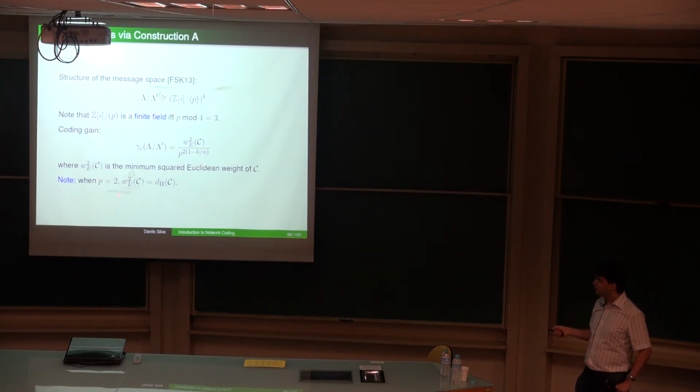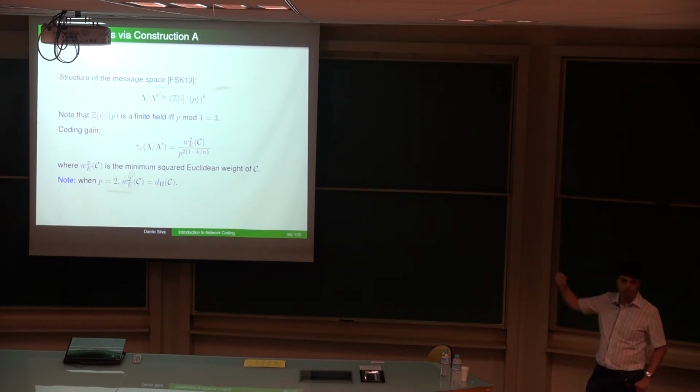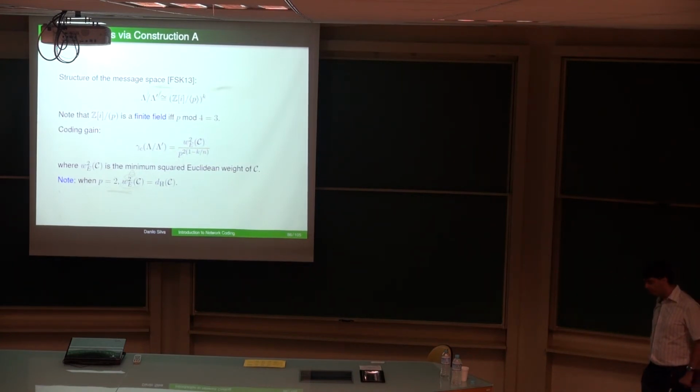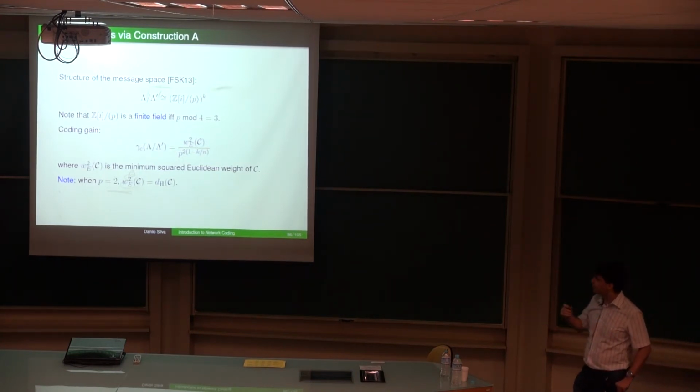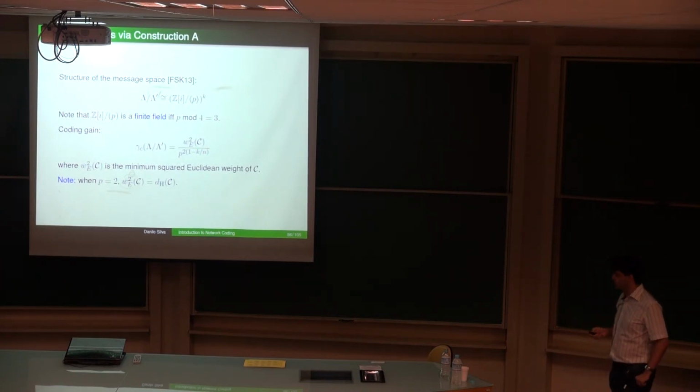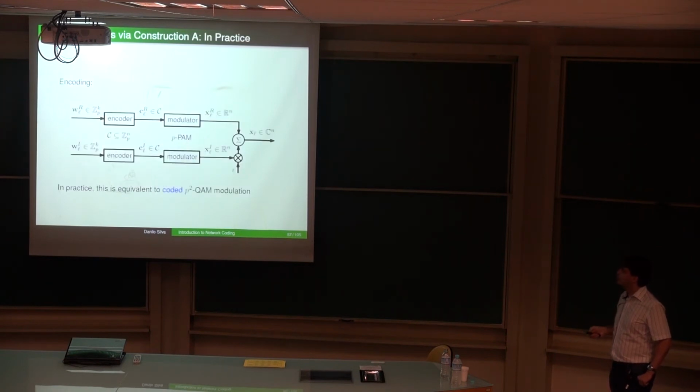In particular, if you take p equal to 2, then the parameter that you need is exactly the minimum Hamming distance of the code. So that will drive the performance of the scheme. Okay, so that's a simple message space.